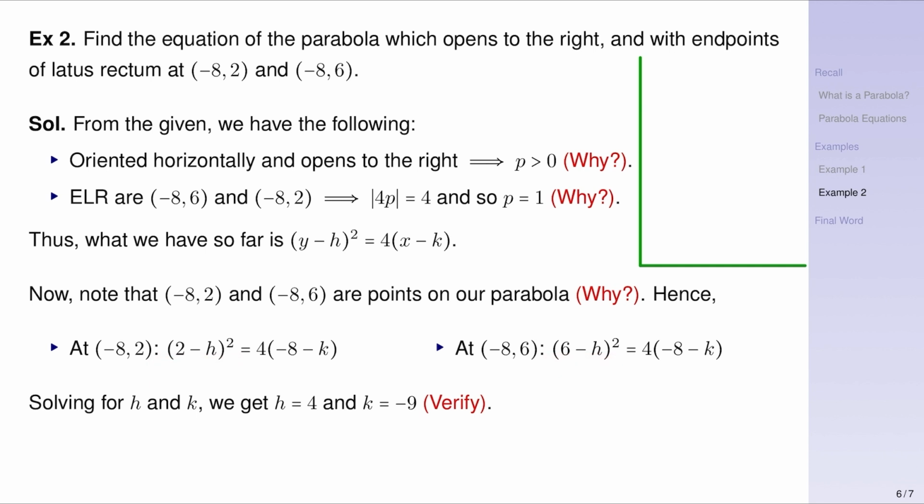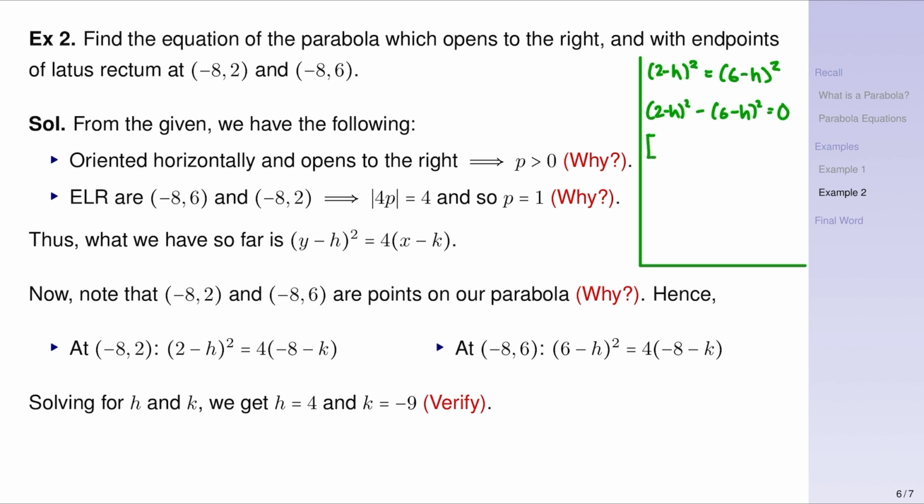So we will have here (2 minus h) squared equal to (6 minus h) squared. And then this one is easy to solve. I don't know how you solve this. You can use cases, but personally, what I do is I move this to the other side to obtain (2 minus h) squared minus (6 minus h) squared equal to 0. And then this one is a difference of two squares.